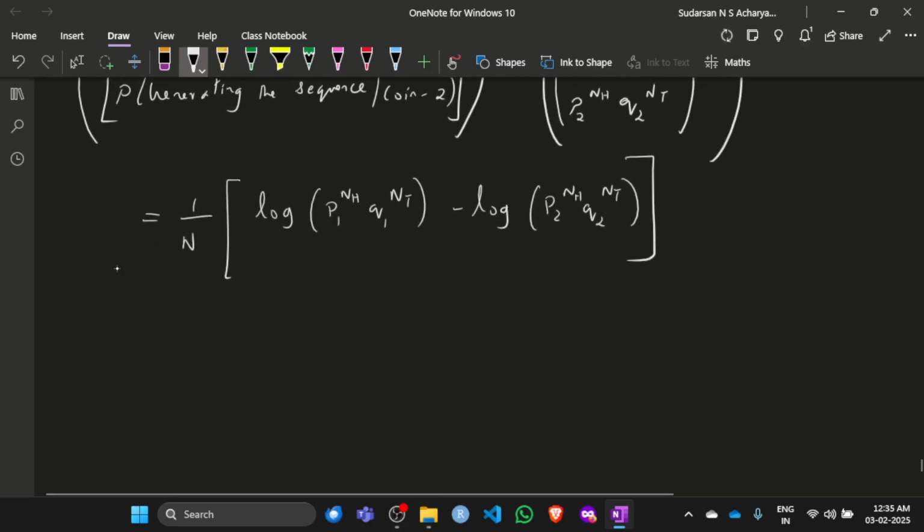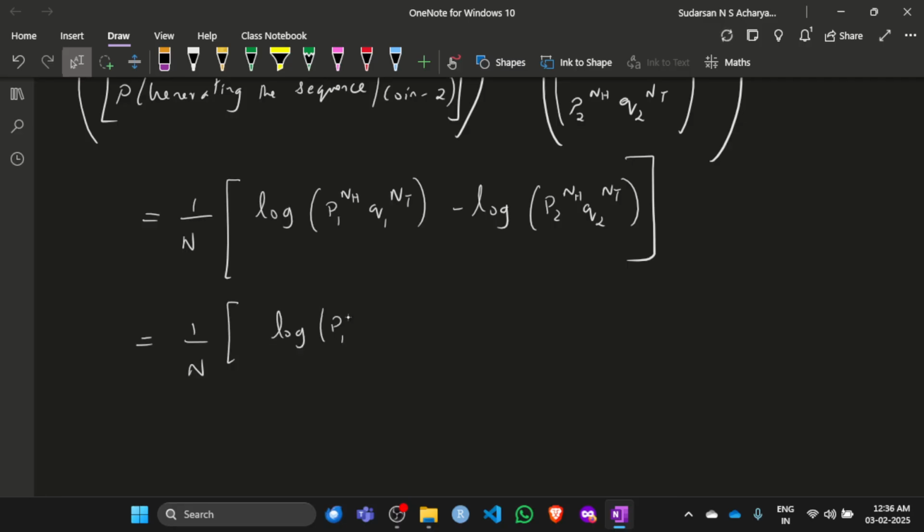And now we make use of the property of the logarithm again, that the log of a product of two things is the log of the first thing, log of p1 to the power nh, plus the log of the second thing, q1 to the power nt. And here we'll have log of p2 to the power nh, plus there's a minus again, log of q2 to the power nt.